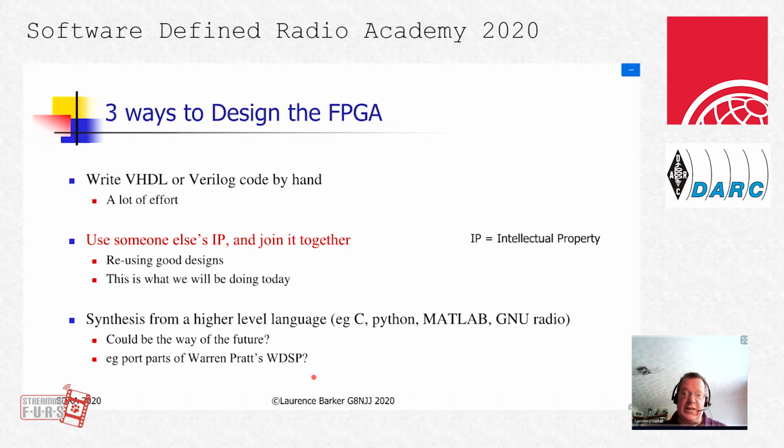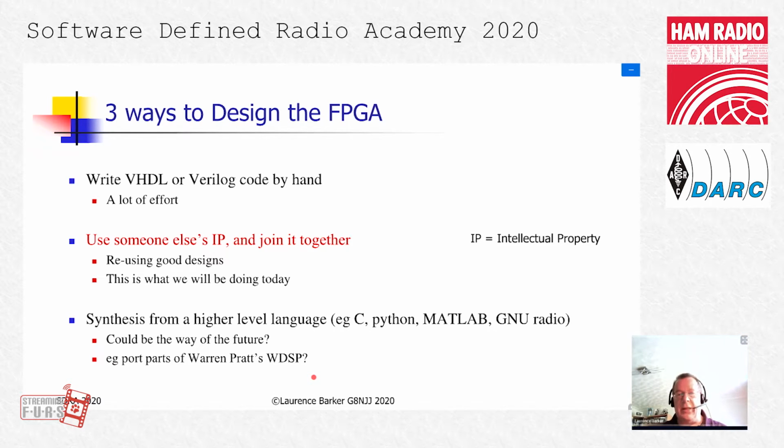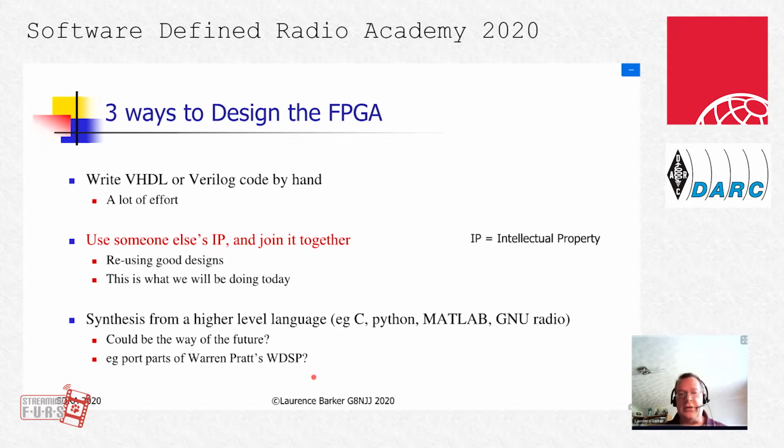But an interesting challenge might be, could we port some of Warren Pratt's WDSP algorithms so that we could take the signal blanker and then the spectrum display parts of the code, run those on the FPGA and free up the ARM processors to just do the audio processing? I don't know, but it'd be interesting to try.